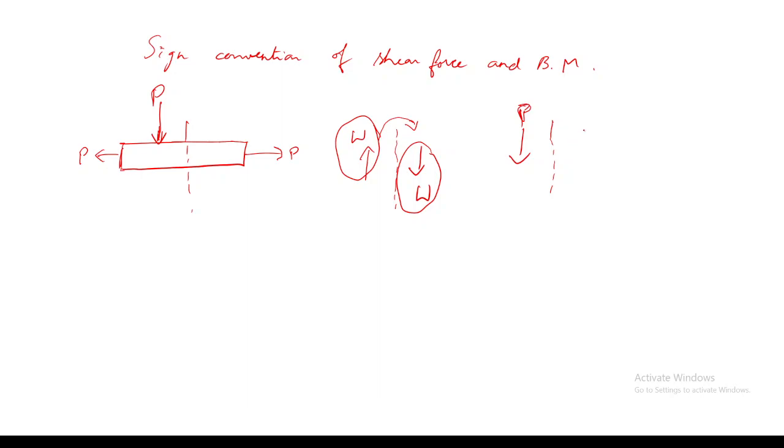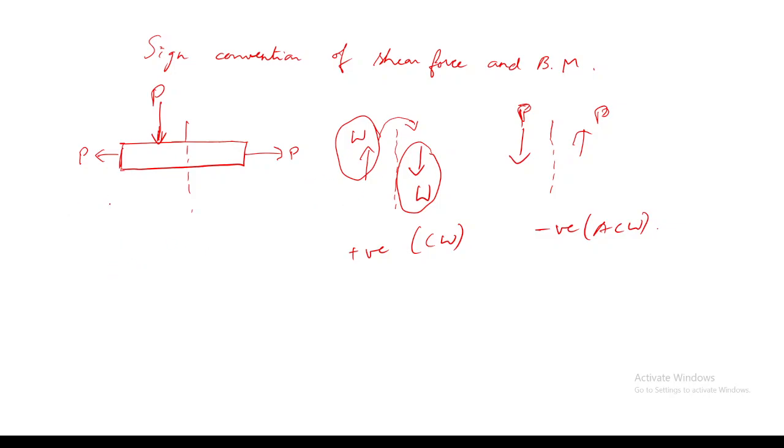I follow this sign convention: clockwise means it's positive, and anti-clockwise means it's negative. So this is positive since it is clockwise, and this is negative since it is anti-clockwise. This is the sign convention of shear force diagram.